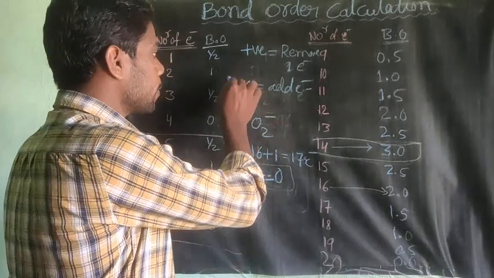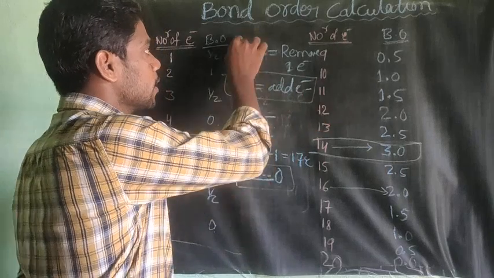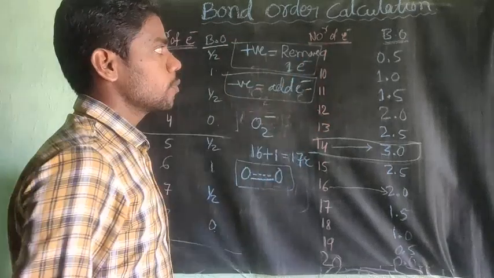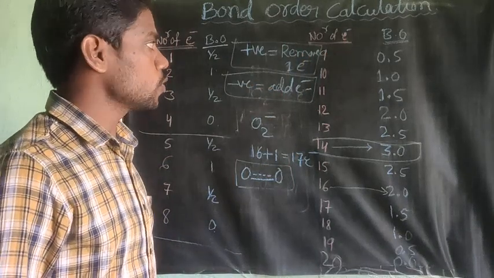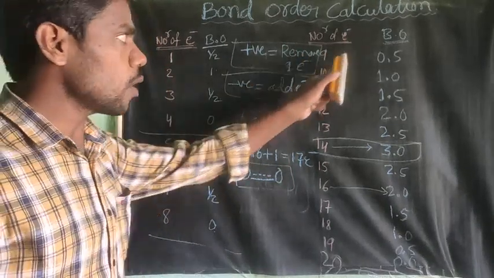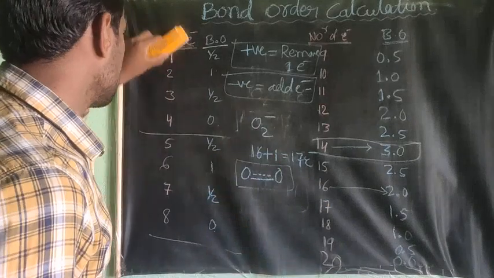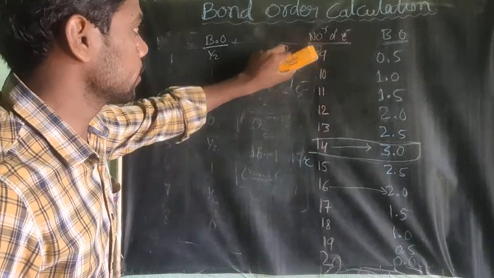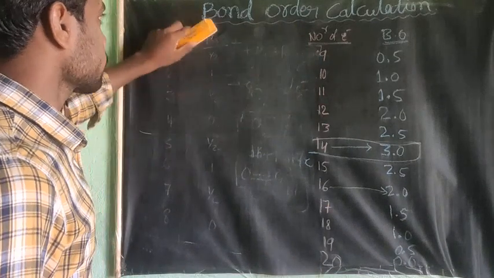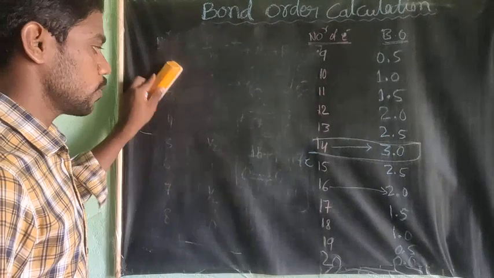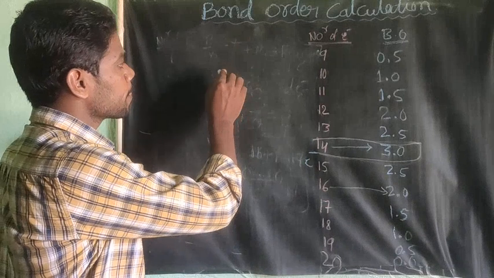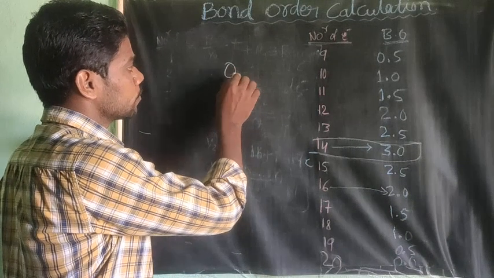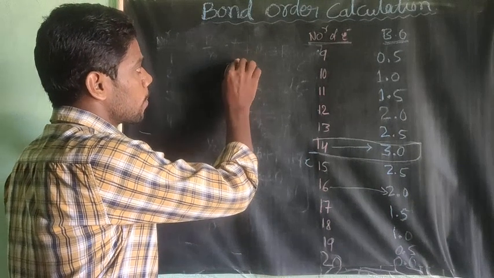Understood? Whenever a minus charge is there, add 1 electron. Whenever a plus charge is there, you have to remove 1 electron. I think you have to remember this. Now take one positive charge, O2 plus.